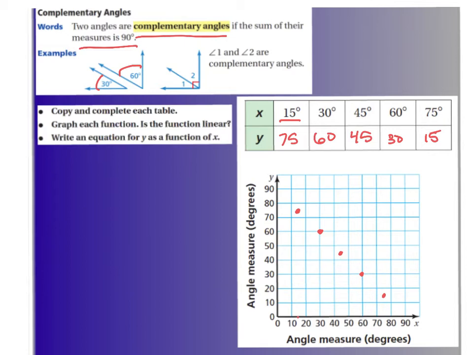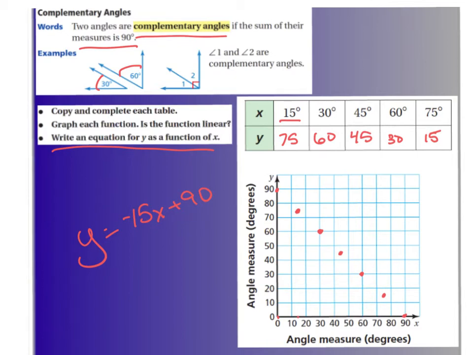They want us to write an equation for this function. So if the first one is 0, then it would be 90, and this one would be 90 down here. So y equals, we're going down by 15 each time. So it'd be negative 15x plus 90. So it is a linear function because we're going down 15 and over 15.